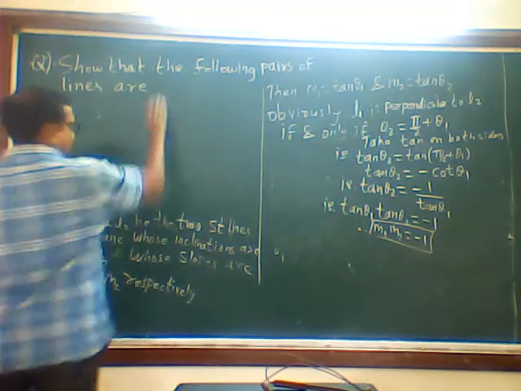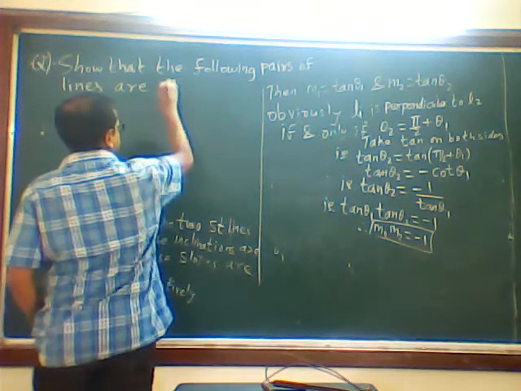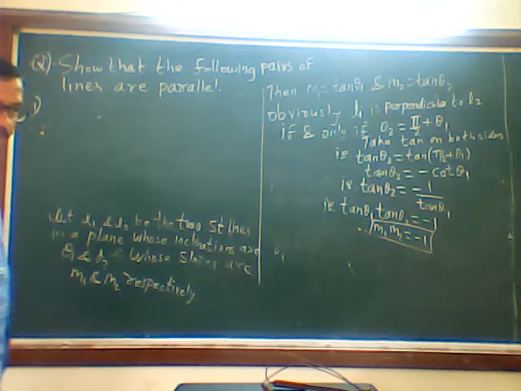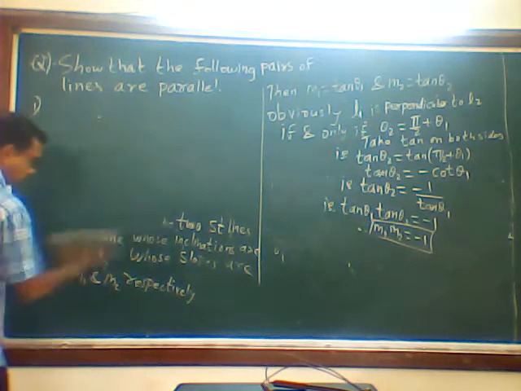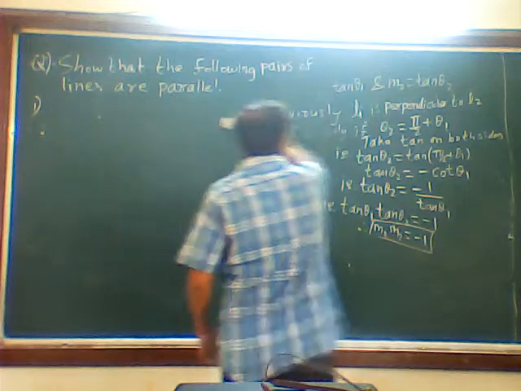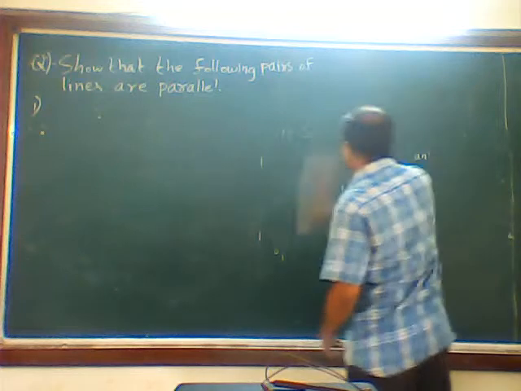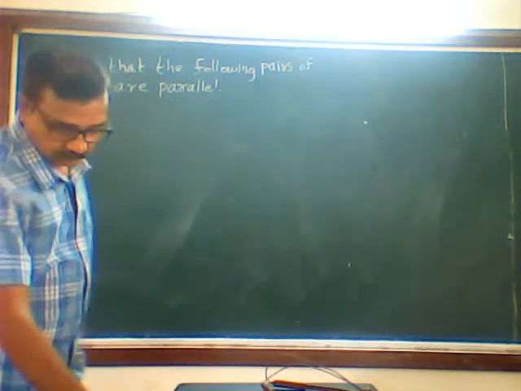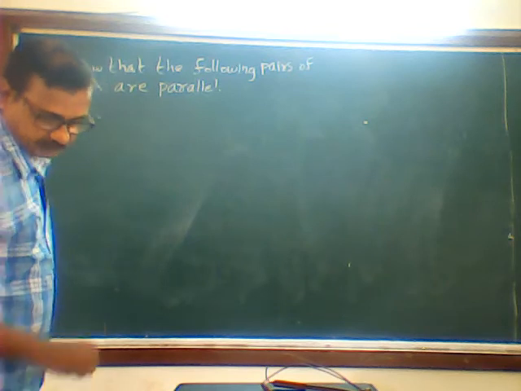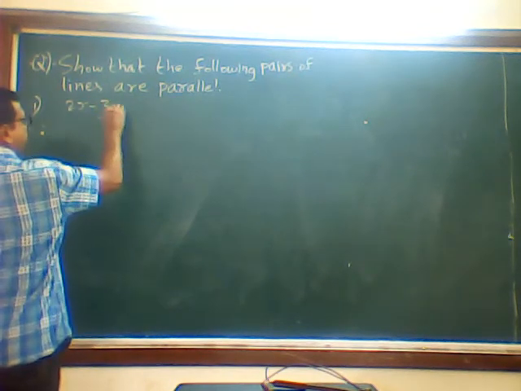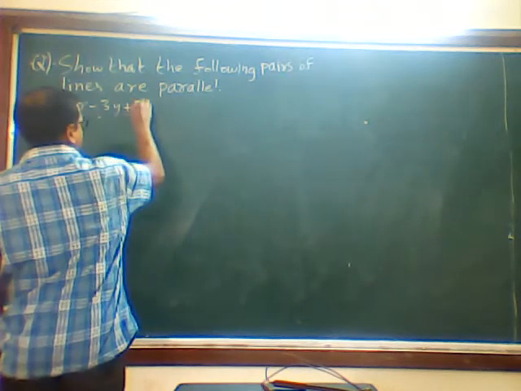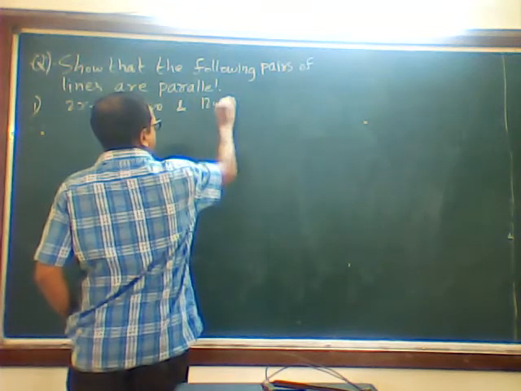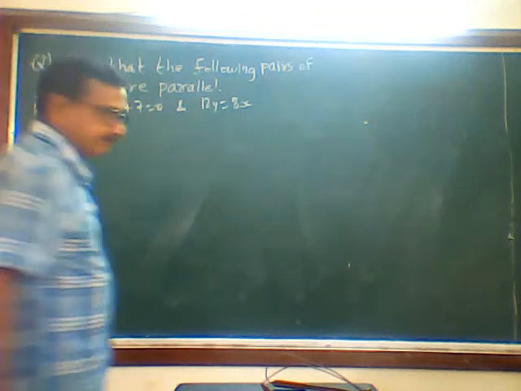First question. The first problem is 2x minus 3y plus 7 is equal to 0 and 12y is equal to 8x minus 5.